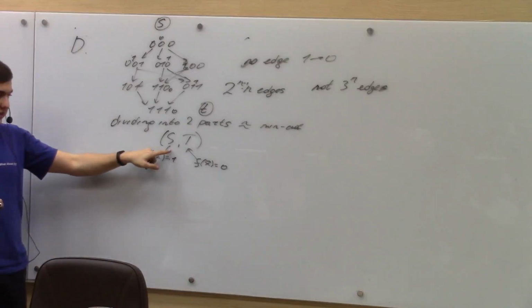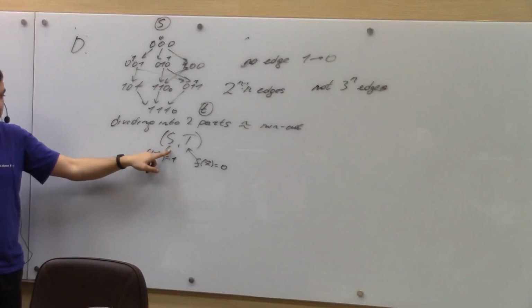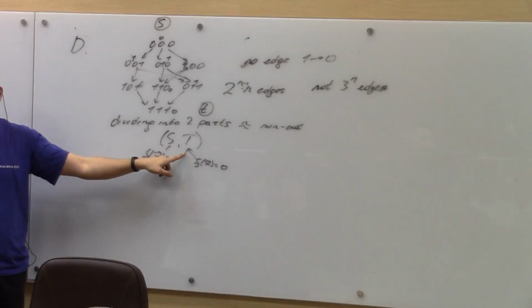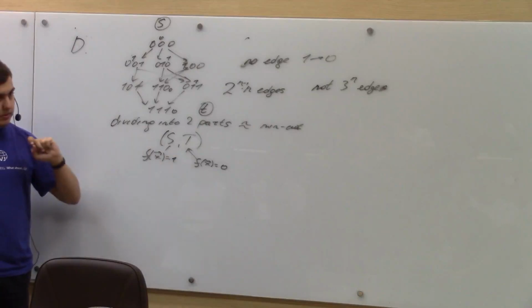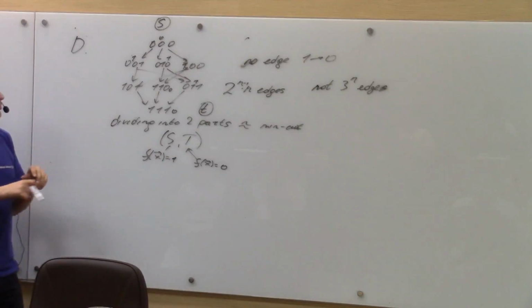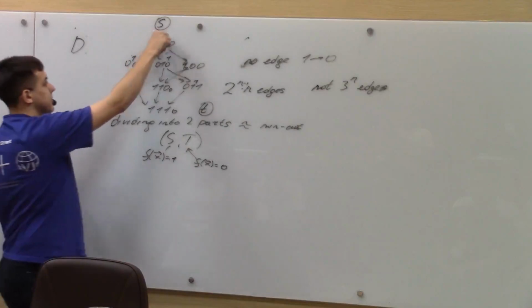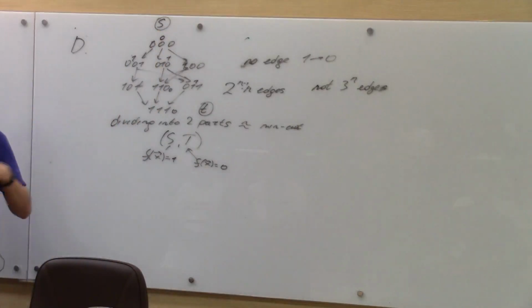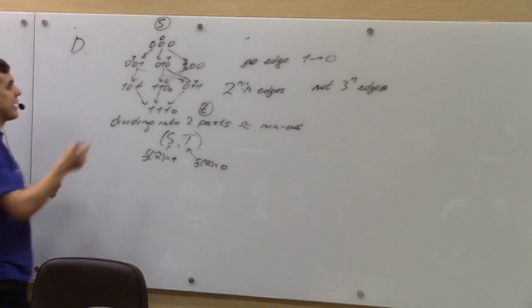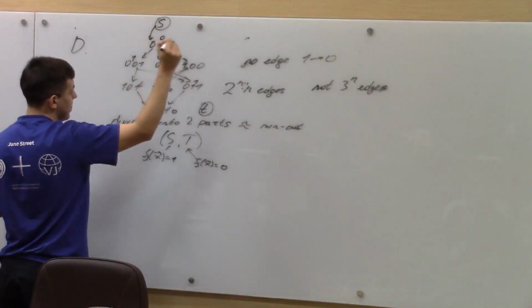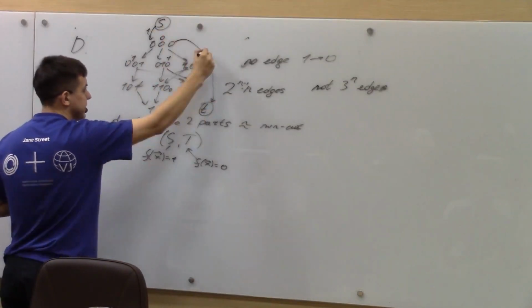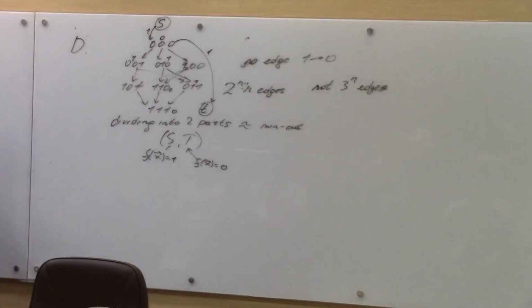So including it in set S will cost 0, and including it in set T will cost 1. Okay? So if f of 3 zeros is defined and is equal to 0, what kind of edge do we need to create? We either need to create this kind of edge with capacity 1, with cost 1, or this kind of edge with cost 1. Which one should we do?